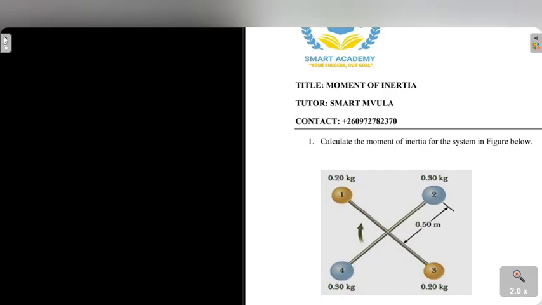So how do we then calculate the moment of inertia of this system? We have 4 pins, and they have different masses. Two pins have the same mass, and the other 2 pins have the same mass as well. So the moment of inertia, denoted by I, is equal to the summation of the mass times the radius squared. That's the formula we're going to use.